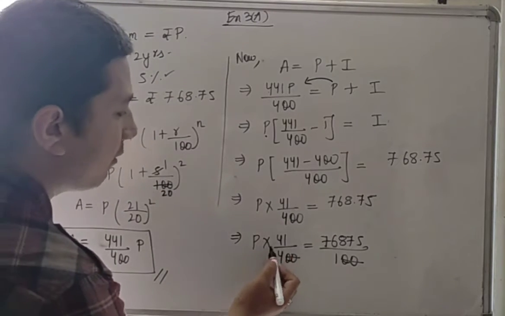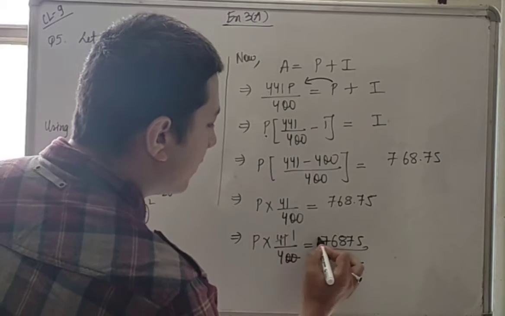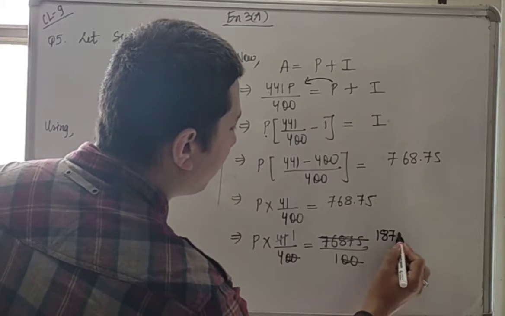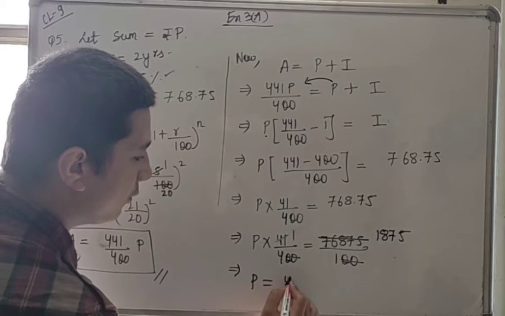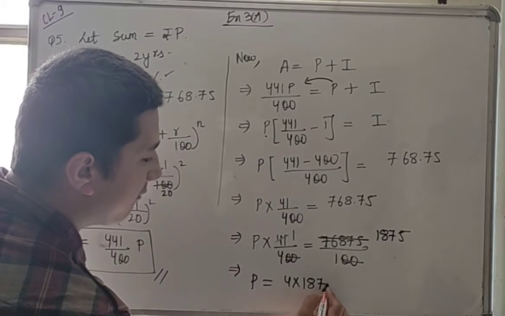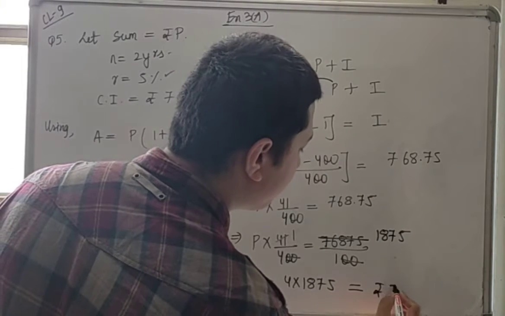You can cancel 41 and 76875. It will be 1875 times. 41 ones are 41, 1875 times. You calculate yourself. So P equals 4 into 1875, and when you do this, the product that you get is rupees 7500.